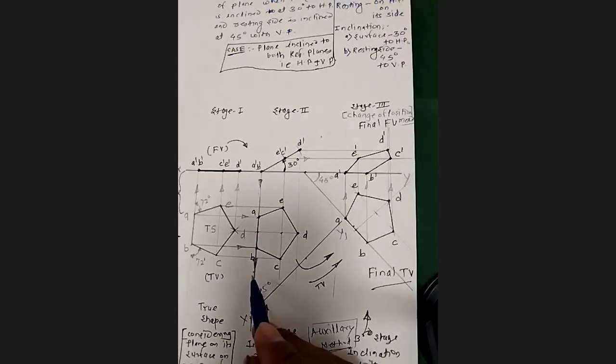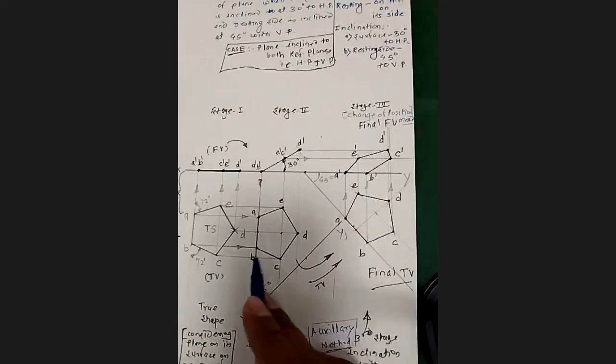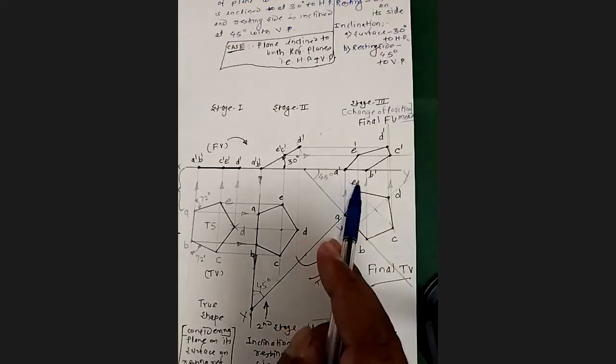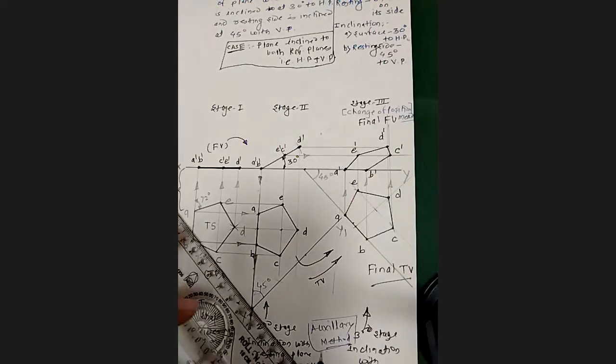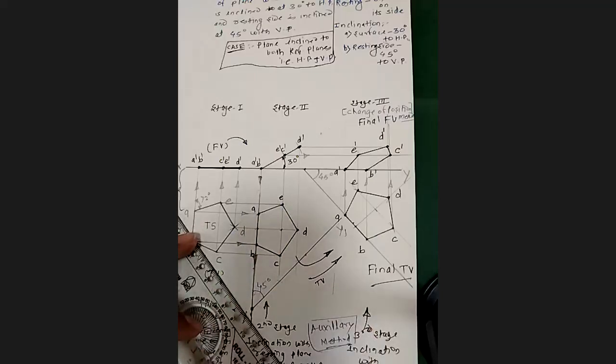To avoid that, you have to take a point further away, so that it does not go through the second stage top view. What I have done is the same thing as in the change of position method, but with a certain technique. Next, you have to draw a line through each point of this top view.